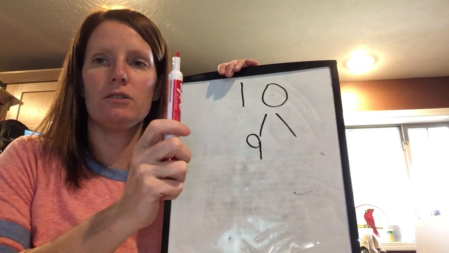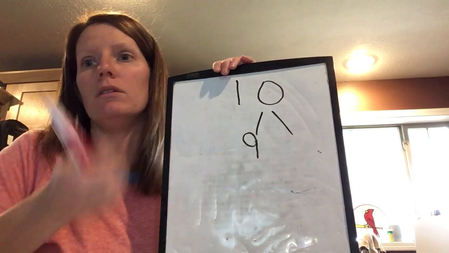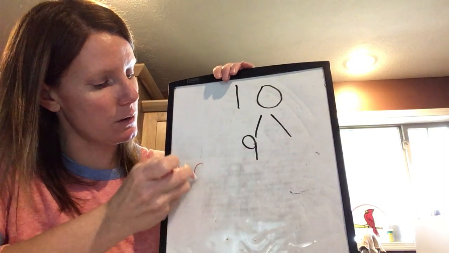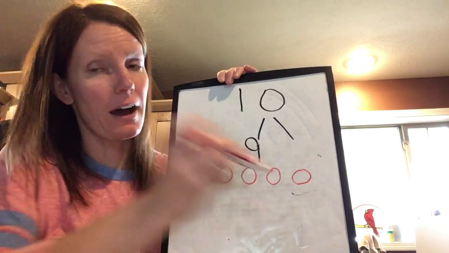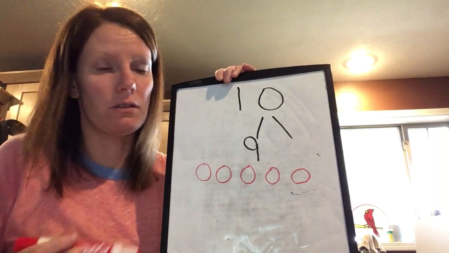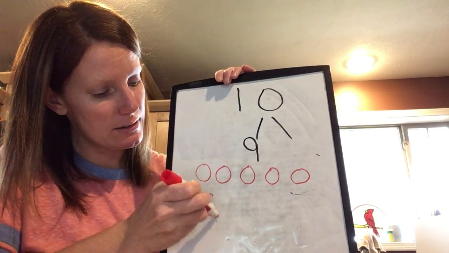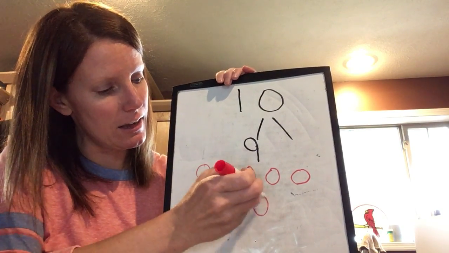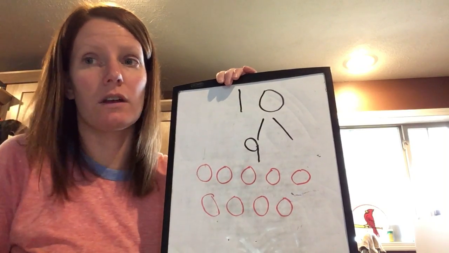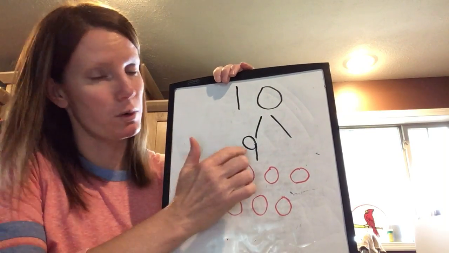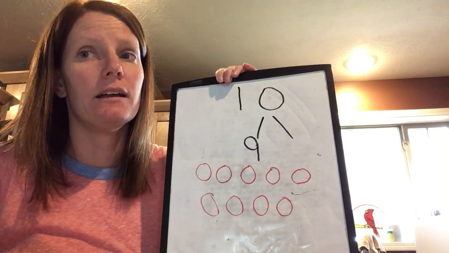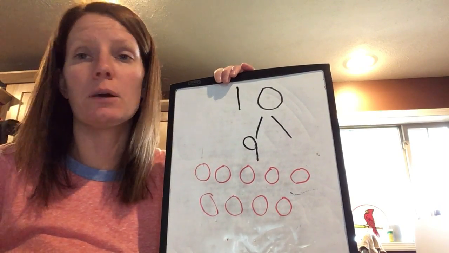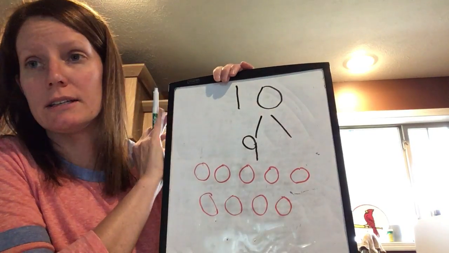I'm going to draw with my red how many we know we have. So 1, 2, 3, 4, 5, and we want it in the 5 group way. Then I'm going to come down and say 6, 7, 8, 9. So there's our 9 red circles to represent the number we know we have.